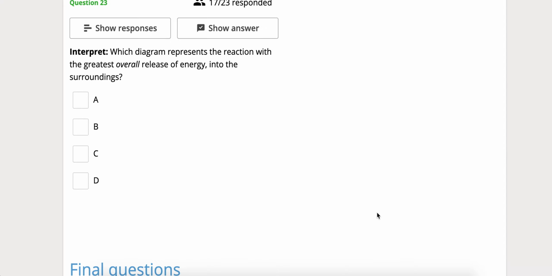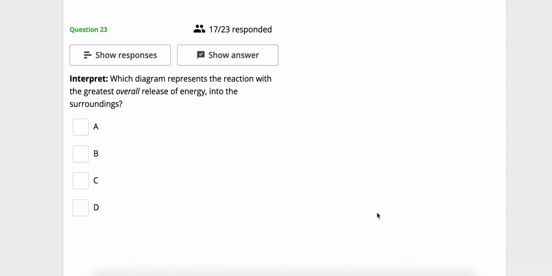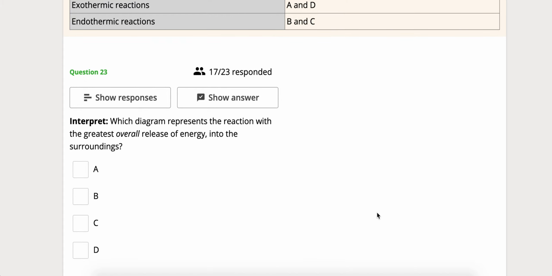For question 23 here. Now, based off the 4 diagrams that we just saw, which diagram represents the reaction with the greatest overall release of energy into its surroundings?